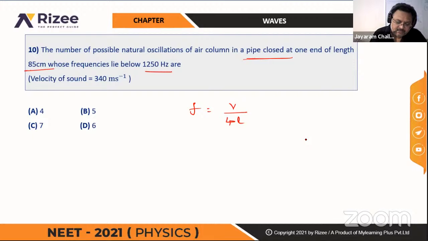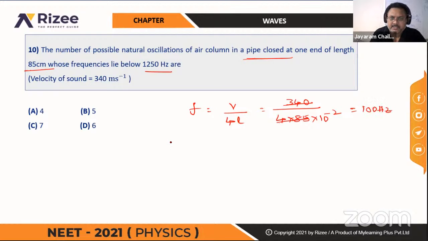So the fundamental frequency is 340, the velocity of sound he has asked, by 4 into 85 centimeters, 85 into 10 to the power of minus 2. So these two go off, 10 power minus 2 will be left over, so frequency will be 100 hertz.